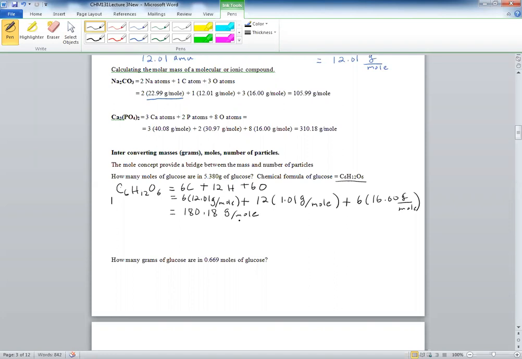Now, we need to understand how to use this. Whenever you say 180.18, you are simply using this as a conversion factor. So if you say 180.18 grams, well, that's 1 mole.